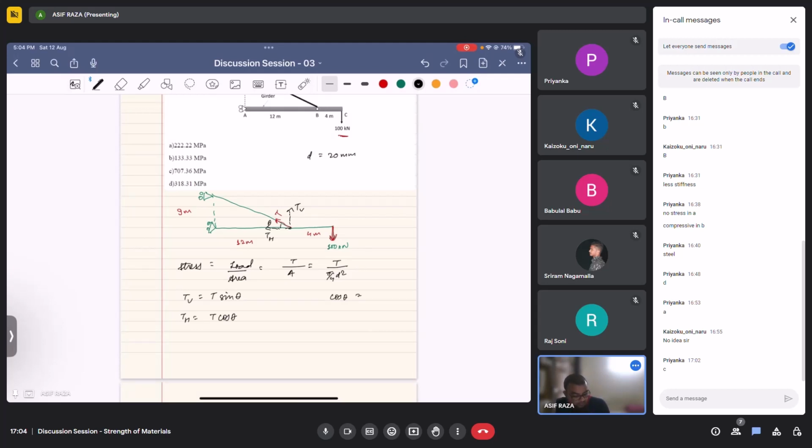Cos theta would be equal to the base 12 upon the hypotenuse, that would be root of 12 square plus 9 square.